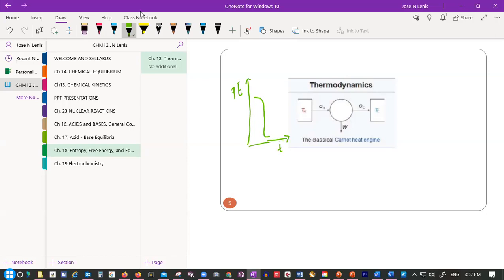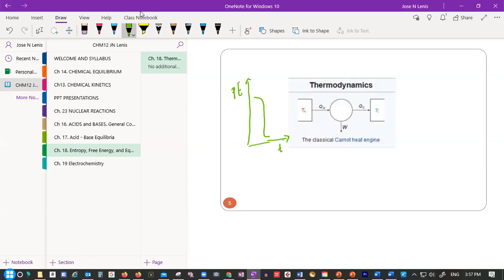And the system becomes more stable because it has less potential energy. In this case, we have higher temperature and lower temperature, and this machine helps to do that. During that transition, it produces work done by the system. One of the applications of this concept is what we call the reverse Carnot heat engine.